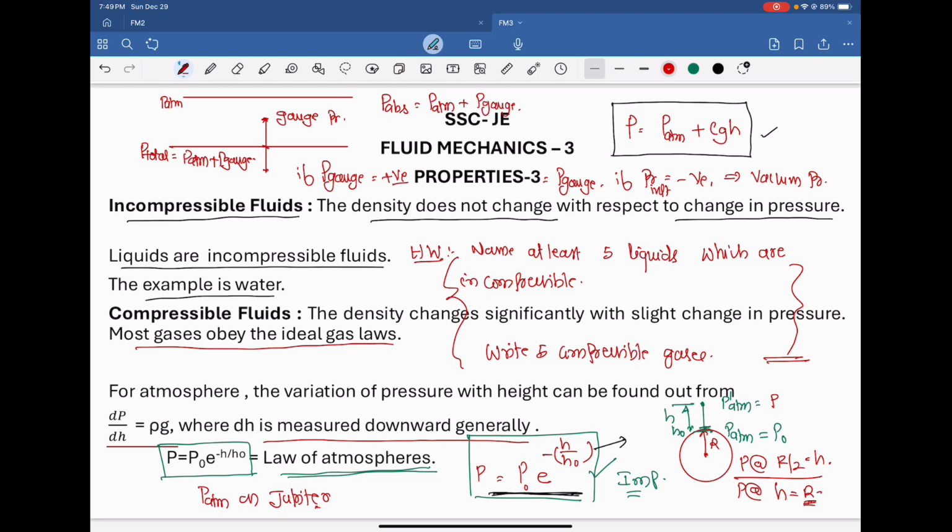This is gauge pressure. And the total pressure is equal to P total, P atmosphere plus P gauge.